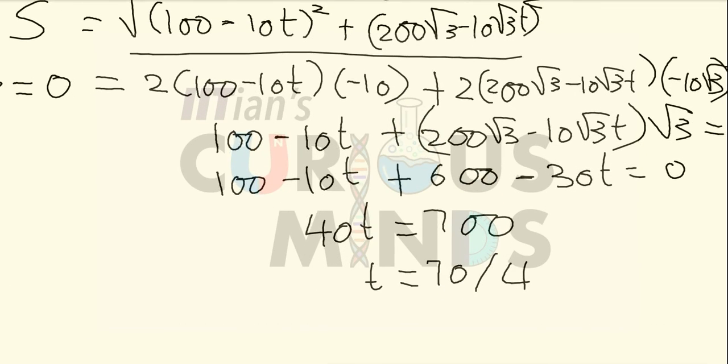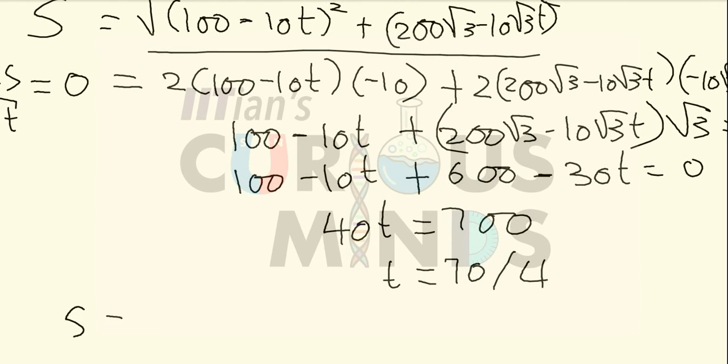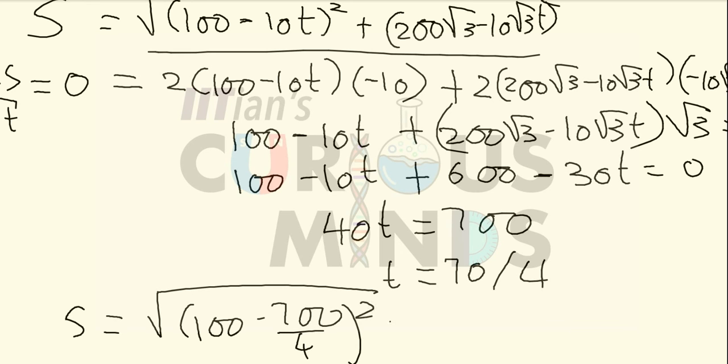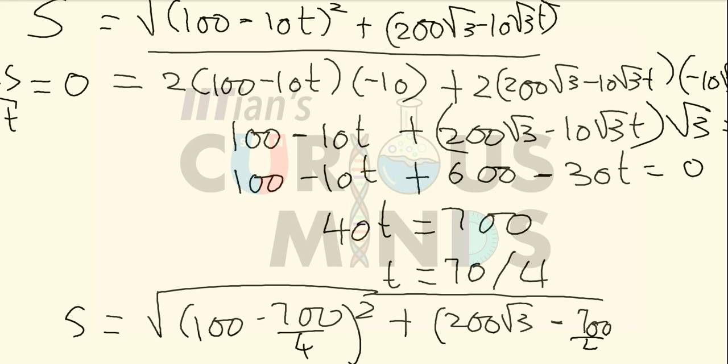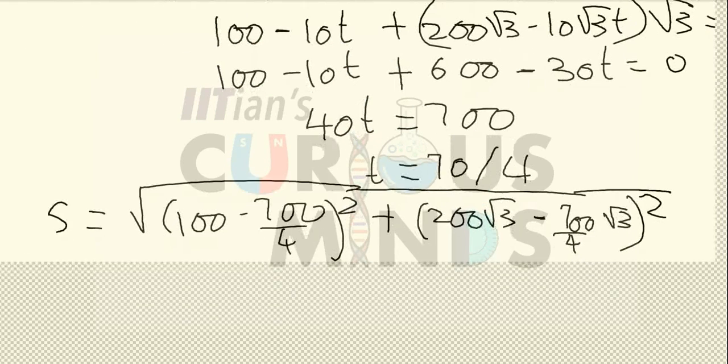The minimum displacement s will be equal to (100 minus 700 divided by 4) the whole squared, plus, when I substitute the value of t over here, (200 root 3 minus 700 divided by 4 into root 3) the whole squared.